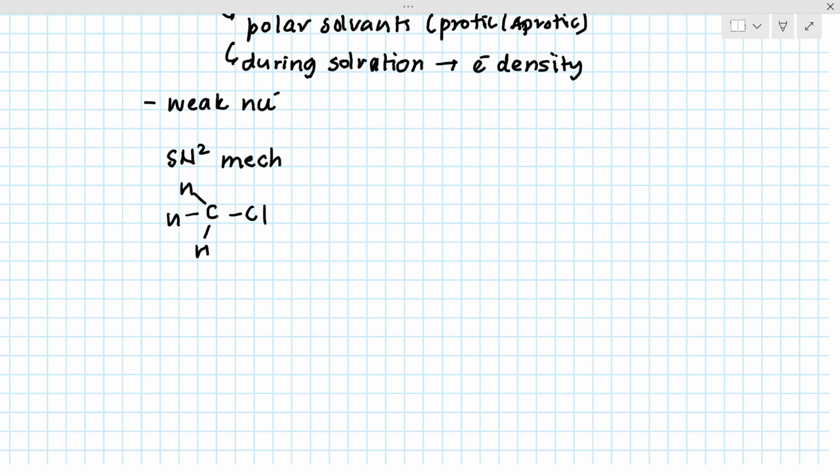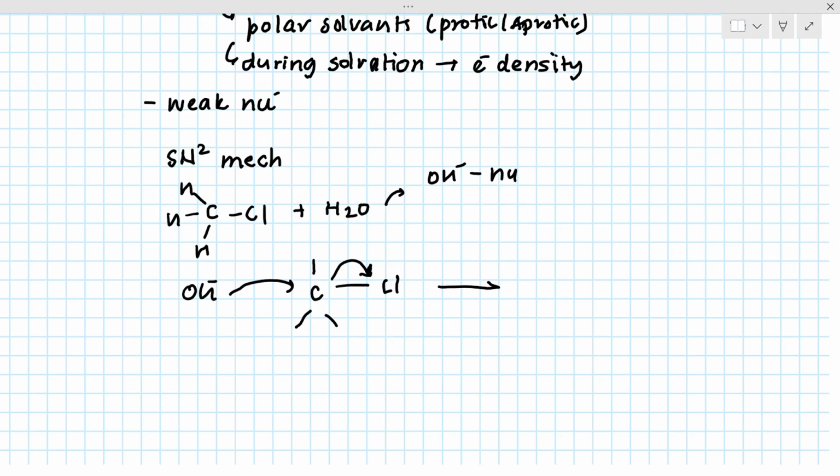Now this is what we have taken, and we will take a negative reagent, OH minus. So the nucleophile is OH minus. Now first, see, the leaving group leaves, and the nucleophile is attacking.